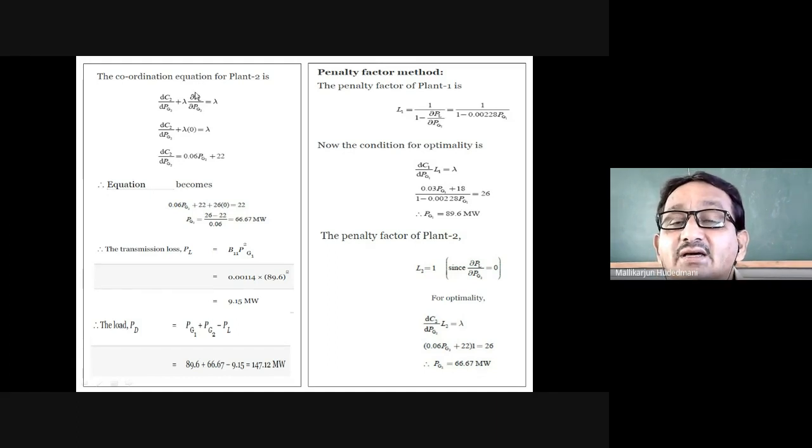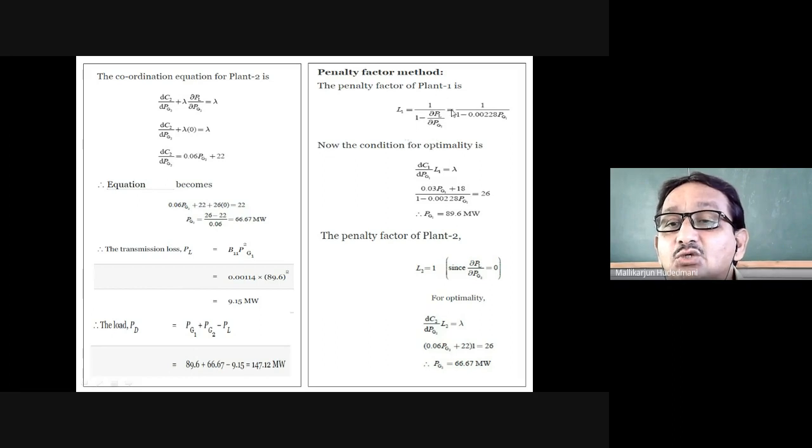That's the indicator, 0 over here. Hence it is 0. Then you will get the equation. When I solve it, I will get Pg values and loss values. Then the load is Pg1 plus Pg2 minus loss. This is by the coordination equation. The same thing I can solve by the penalty factor method, with the penalty factors of plant 1 and plant 2, in this way.